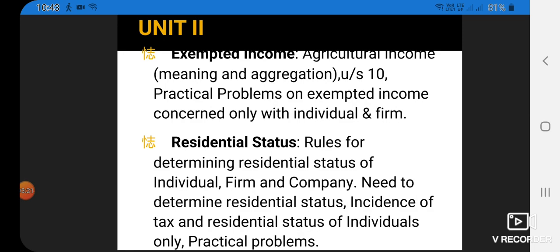Second unit is theoretical as well as practical oriented, wherein we are going to solve problems on residential status and the tax liability that falls on an individual based on his or her residential status. So second unit is a combination of both theory as well as practical.